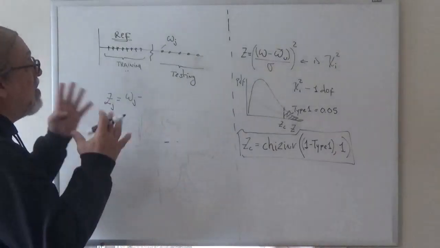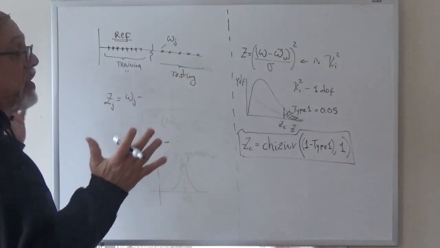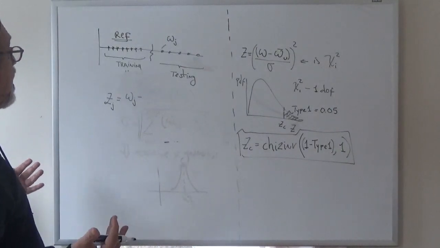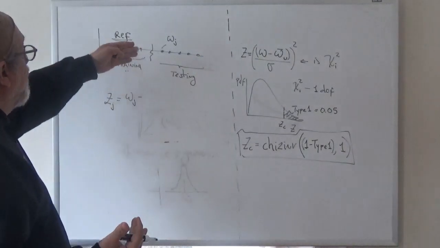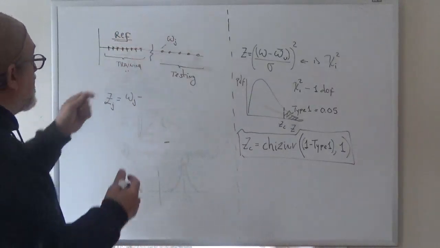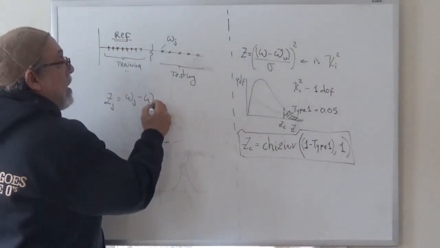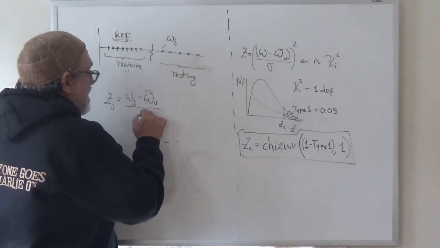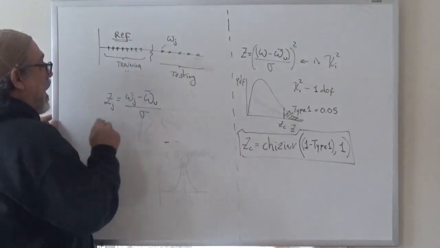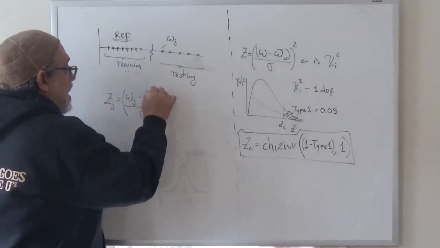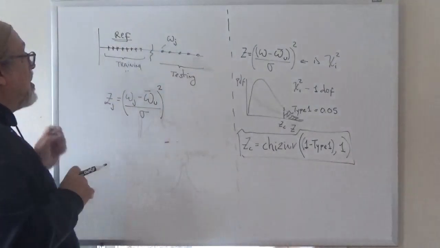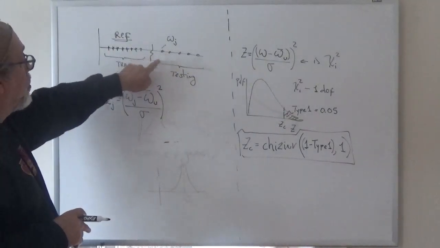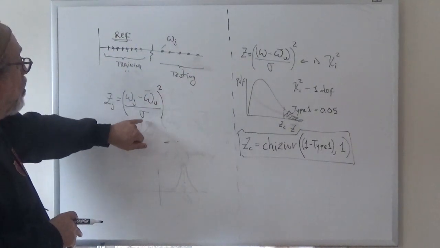Under the premise that there is no damage, that's what the null hypothesis means. Under the premise that there is no damage, the mean from where this was coming is the same as before. We made the assumption that the standard deviation does not change as a result of damage, and so we find our zj squared, our zj, to be simply whatever we measured minus omega mean over sigma squared.